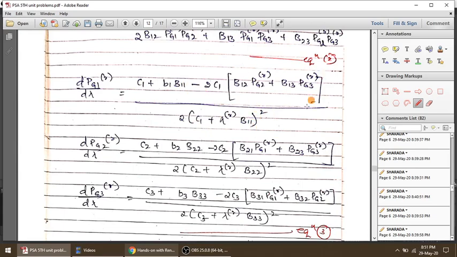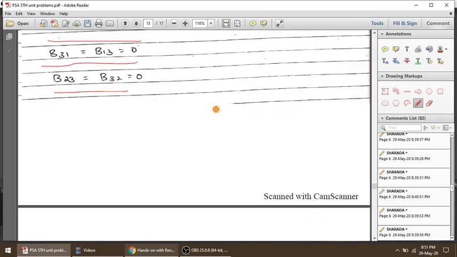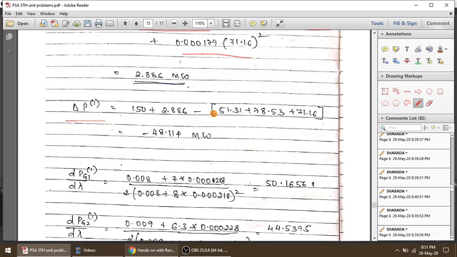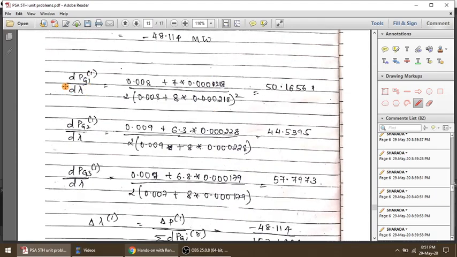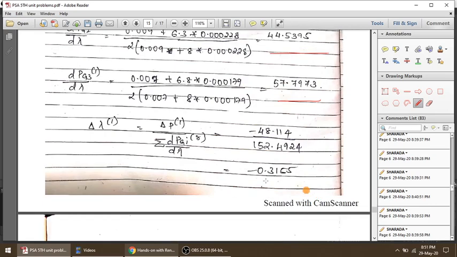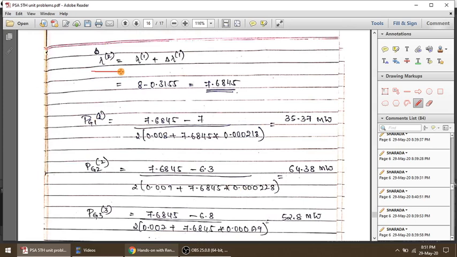This term is eliminated here. Using that, I'll be calculating dPg1 of 1 by d lambda. I get around these values. When I substitute, I get delta lambda equal to minus 0.3155.